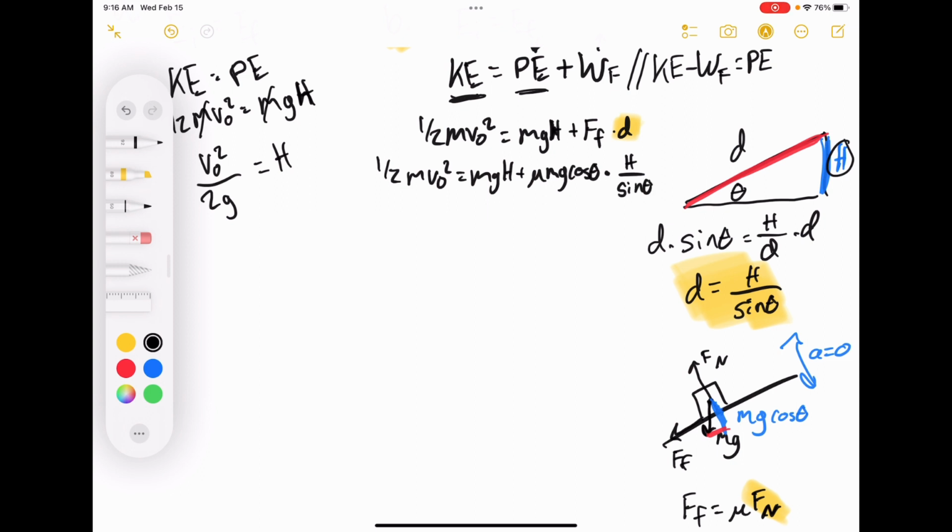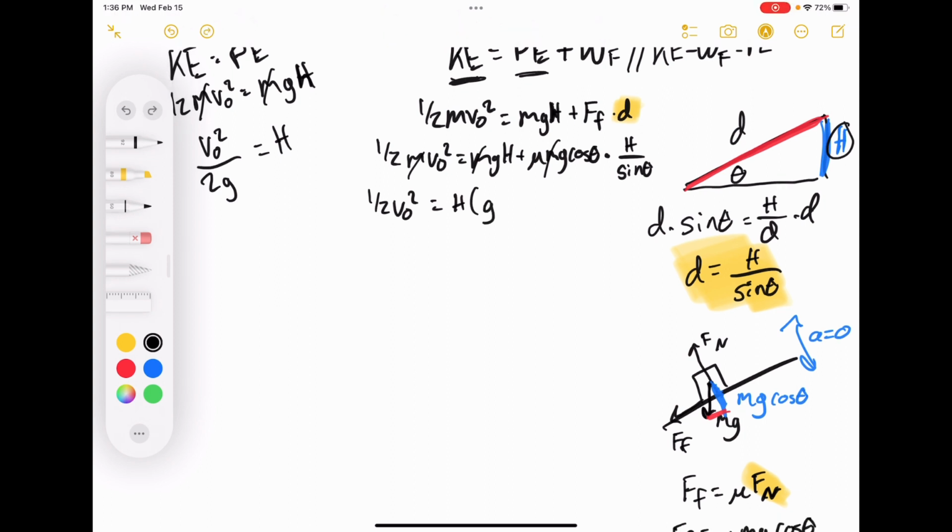So you'll notice that I have an m in every single term, so I can just cancel that out. And once again, I am solving for h. So I have 1/2 v naught squared equals gH. I'm going to go ahead and factor out the H, so I'll have H out front. So I will just continue.